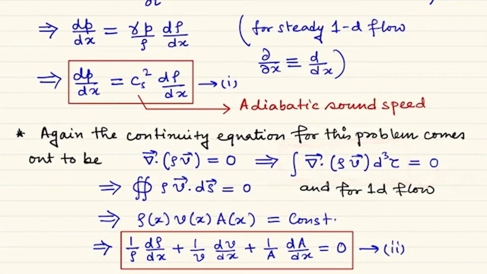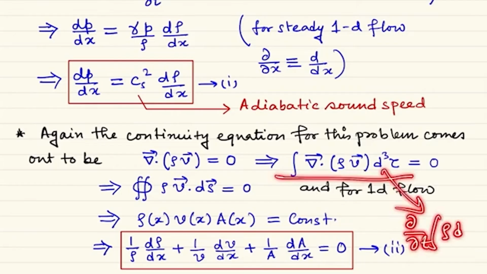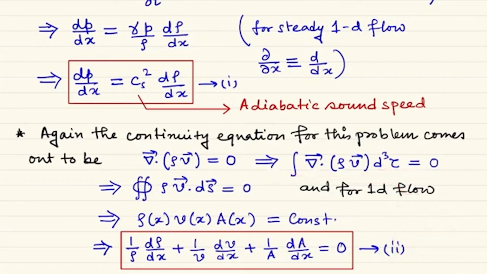This is nothing but the mass continuity equation, the mass conservation equation. And if you remember, this total thing is nothing but del t of the integral of rho d cube tau, and this should be equal to 0, otherwise the mass is not conserved.